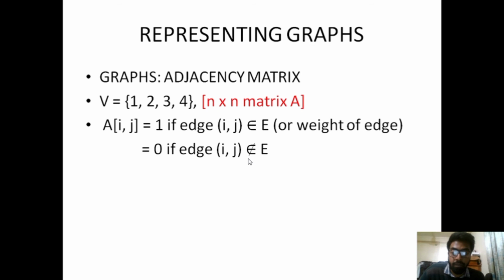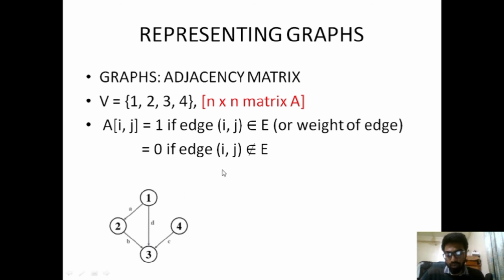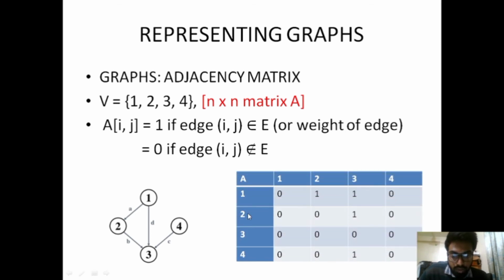So we can see that there is a graph which has 4 vertices. Now we're going to represent that by a matrix which is known as adjacency matrix. So that is the matrix. Those are the vertices 1 2 3 4, 1 2 3 4, and if we find any edge in the graph, we will put 1 there. If we do not find any edge in the graph, we will put 0 there.